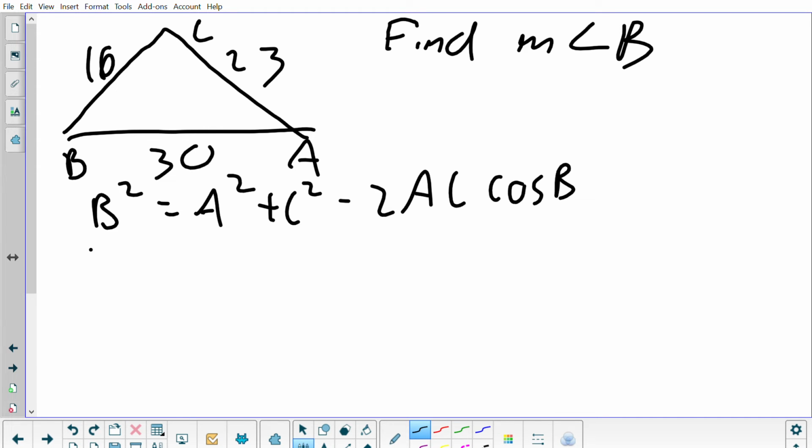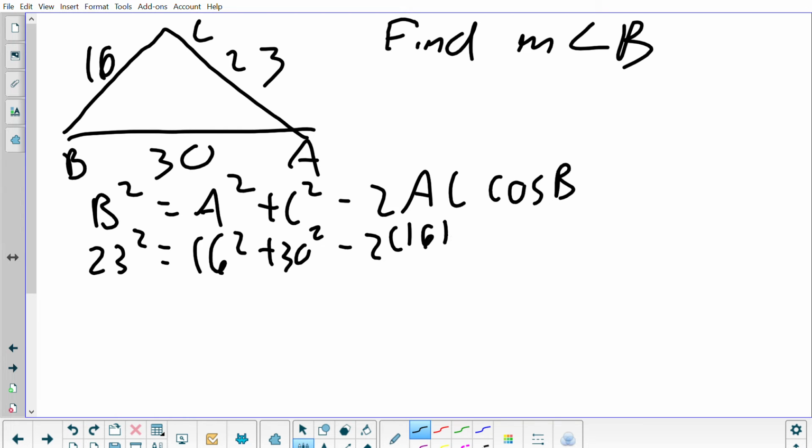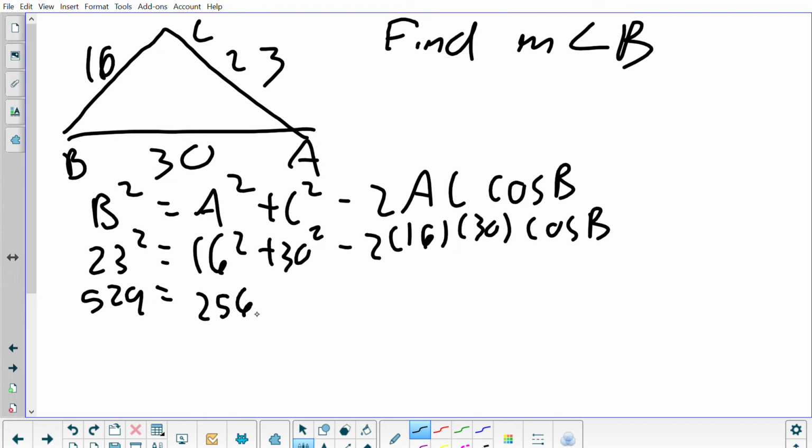And then B is 23, A is 16, C is 30, and I don't know what cosine is. Okay. 23 squared is 529, 16 squared is 256, 30 squared is 900, and then 2 times 16 times 30 is 960, cosine B.